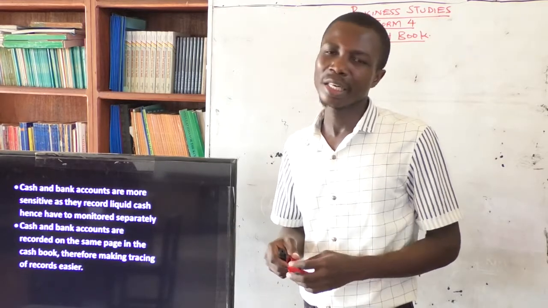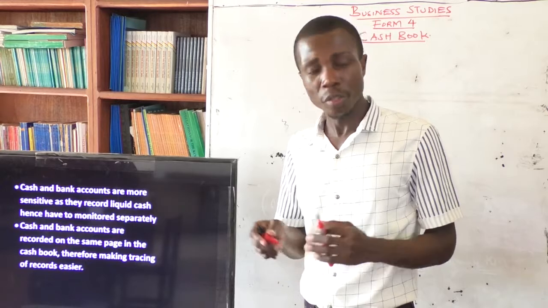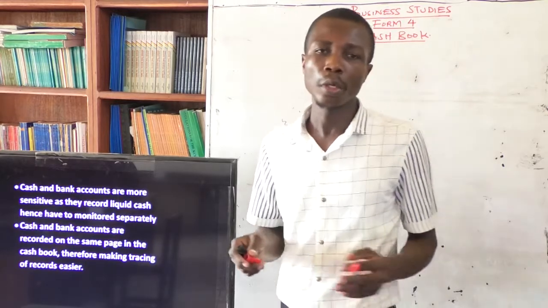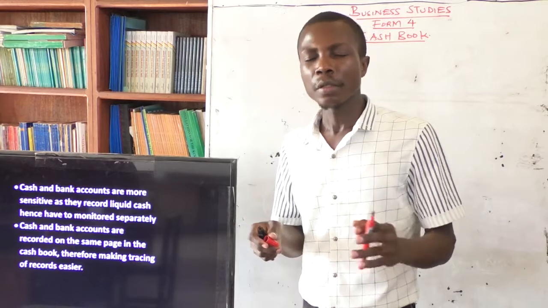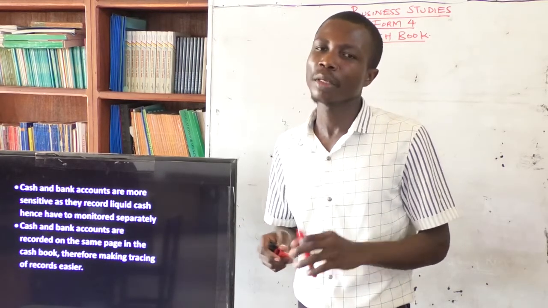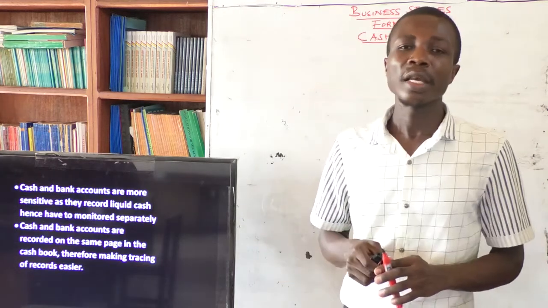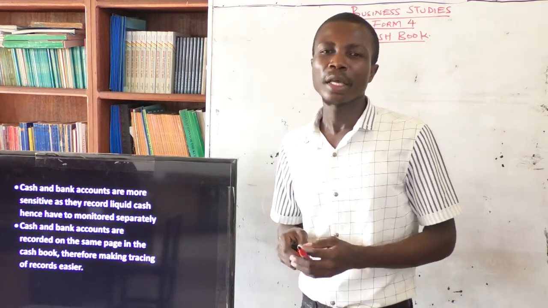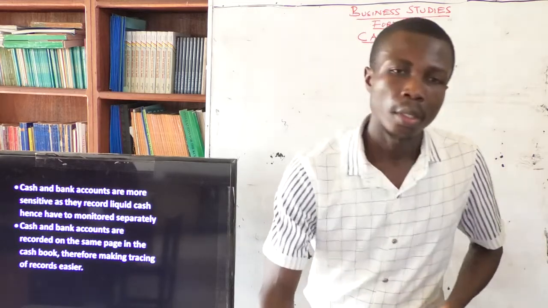Being that cash is something sensitive, it must be left in the hands of trustworthy people. It really requires sensitivity and accountability. So that's another purpose for preparing a cash book.